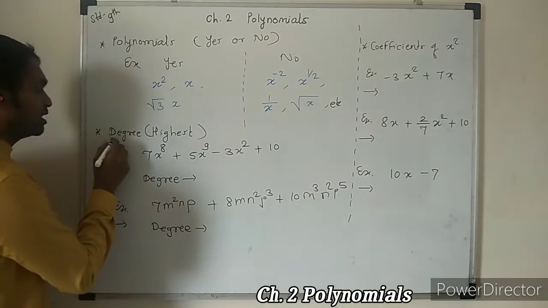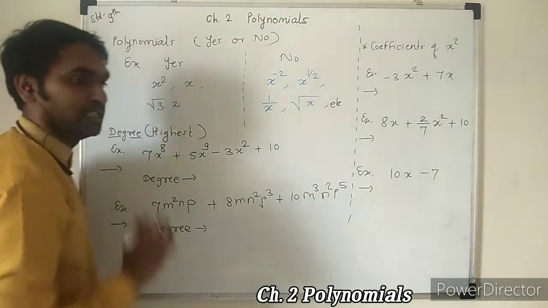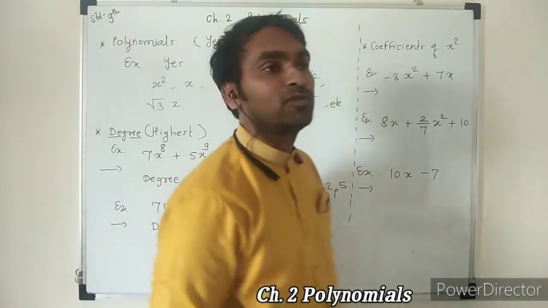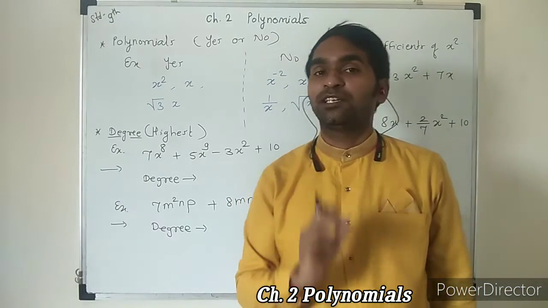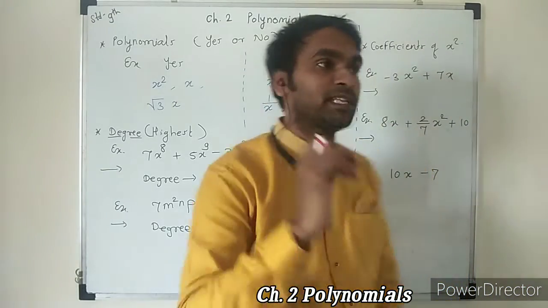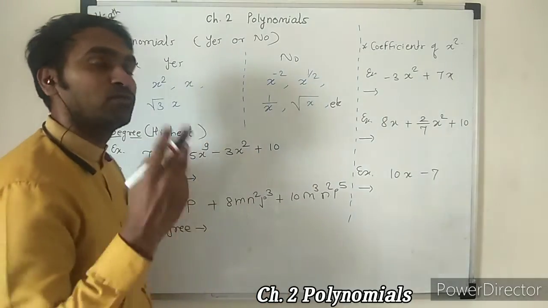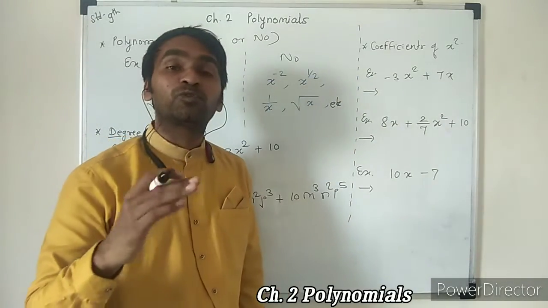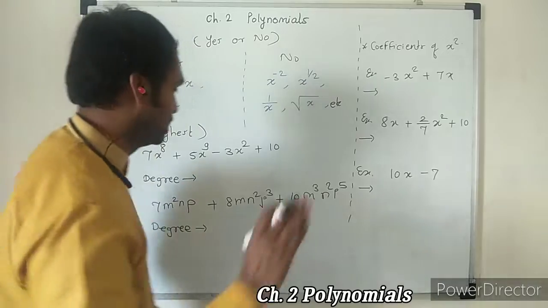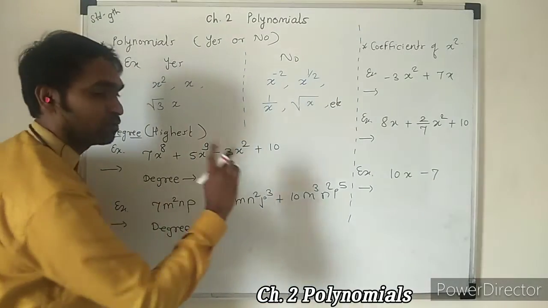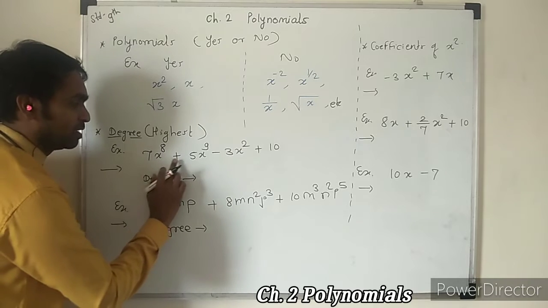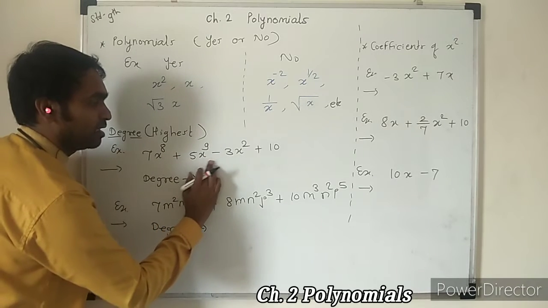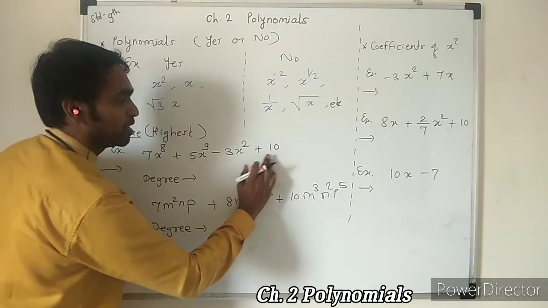Next point is the highest degree, that is degree. In any polynomial you have to write always the highest degree. Now see one example with one variable. Example: 7x raised to 8 plus 5x raised to 9 minus 3x squared plus 10.